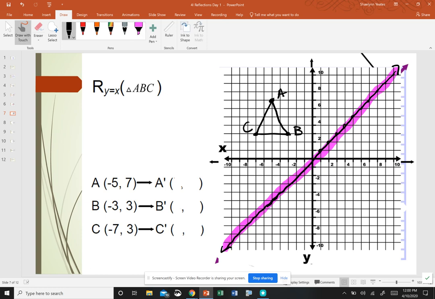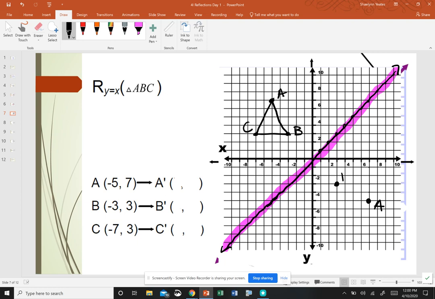So the interesting thing is right now, A is up 1, 2, 3, 4, 5, 6, 7 from the line. So if I want to reflect it, I'm actually going to go over 7, 1, 2, 3, 4, 5, 6, 7, down 5, 1, 2, 3, 4, 5. Here's my new A. B is up 1, 2, 3, over 1, 2, 3. So that makes it easy. We go over 3, down 3.